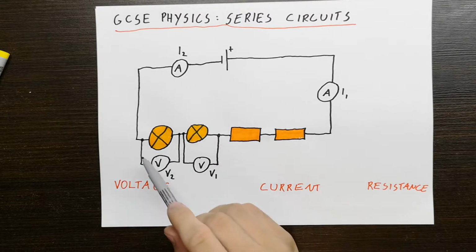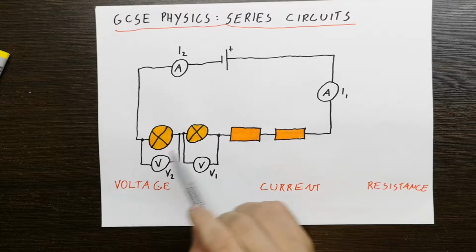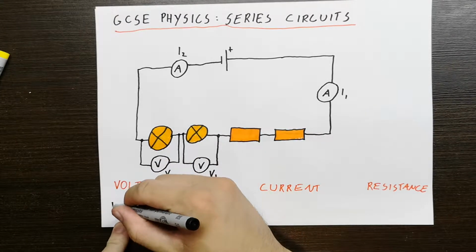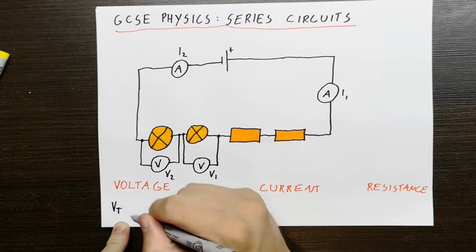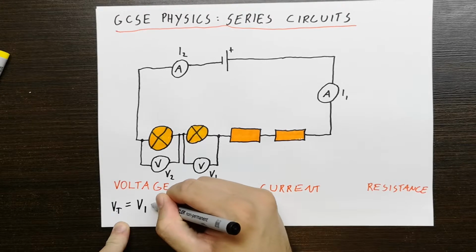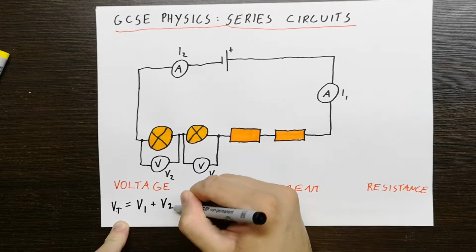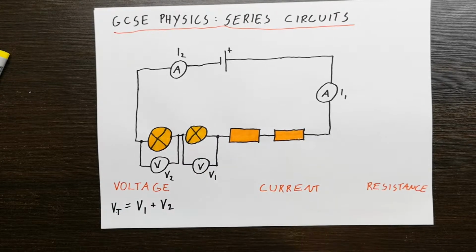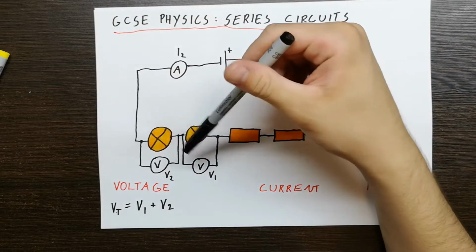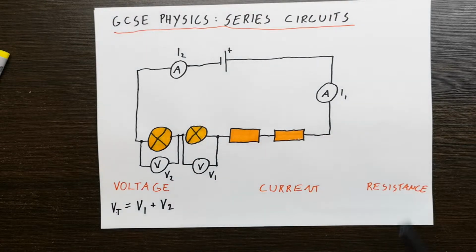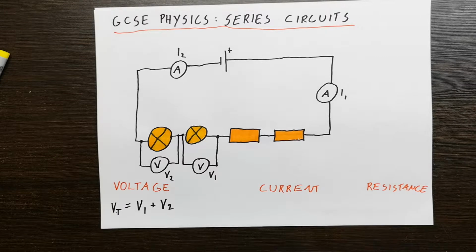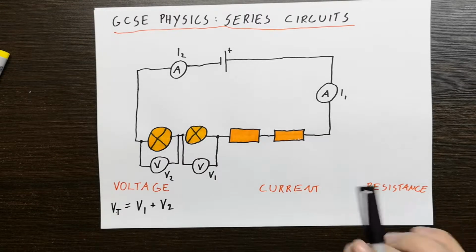In this case, we have a voltmeter here and here through each of the light bulbs. So here, total voltage would be equal to voltage 1 plus voltage 2. And that makes sense because essentially these are two places where that potential difference can get used up. Technically you will lose some in resistors as well, but I'm not including that for the sake of simplicity.